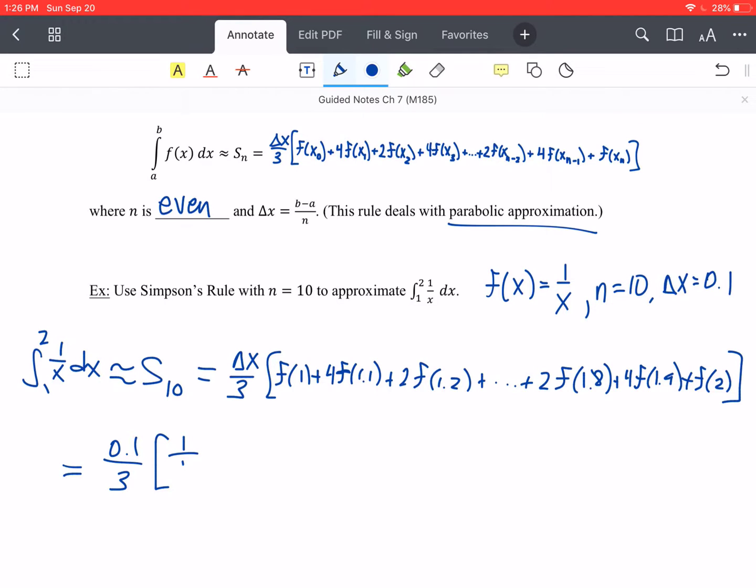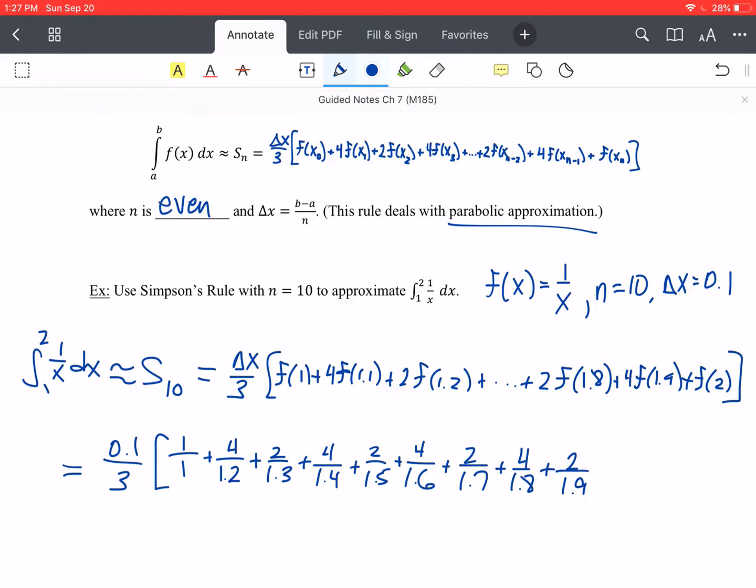So we get 1 over 1 plus 4 over 1.2 plus 2 over 1.3 plus 4 over 1.4 plus 2 over 1.5 plus 4 over 1.6 plus 2 over 1.7 plus 4 over 1.8 plus 2 over 1.9.